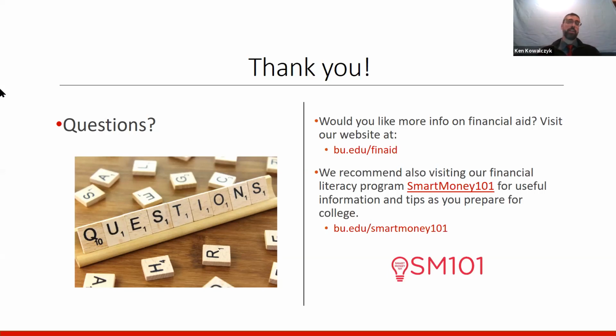We review all appeals on a case-by-case basis, and we encourage you to hit us up with an appeal request if you feel like your circumstances have changed since you filed your aid applications, or if you feel like there's something in your family's financial circumstances that aren't really reflected in the FAFSA and profile application. So I hope that answers your question. If you have any follow-up questions, please feel free to drop that in our Q&A here.